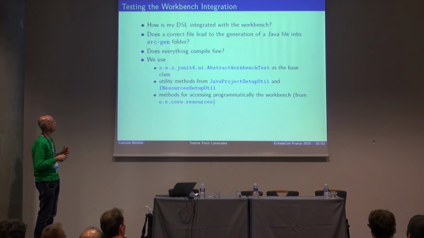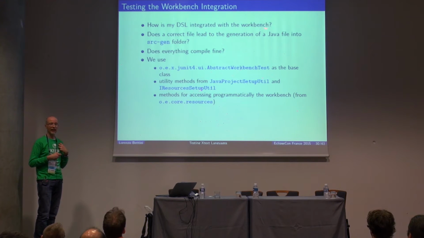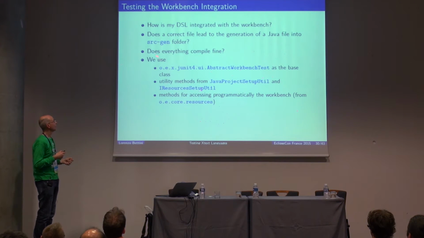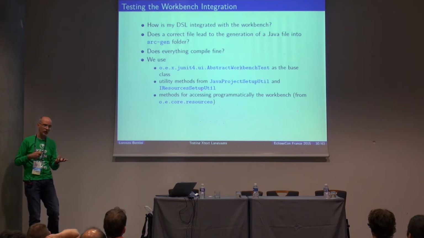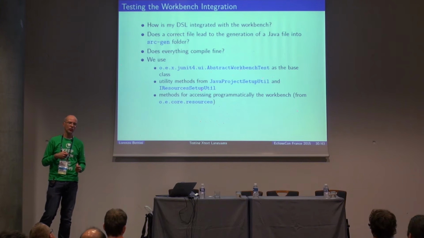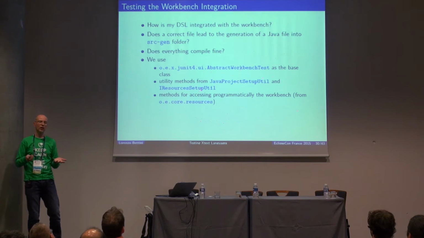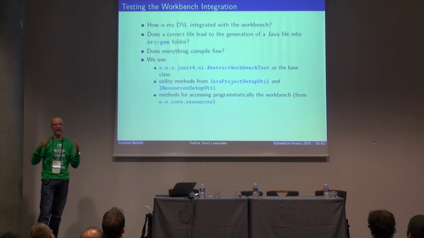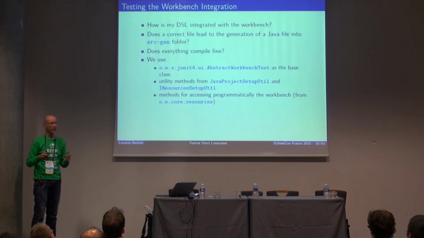I want to make sure that given a correct file of my language in a Java project, the source gen folder is generated, and what I generate in that source gen folder will not generate any error marker in the project.